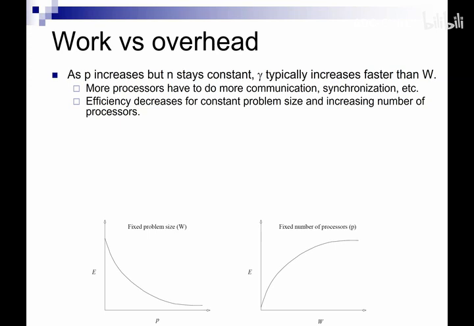We know that the efficiency is equal to 1 divided by 1 plus the overhead, which is a function of both problem size and number of processors, divided by the useful work. So if this increases but this stays the same, then our efficiency is going to decrease. This is what's being shown on the left over here. This is for a fixed problem size, a fixed W. As you increase the number of processors, your efficiency decreases because your overhead increases.